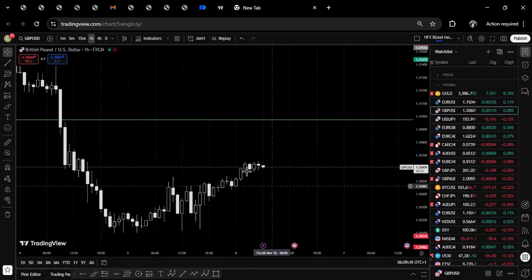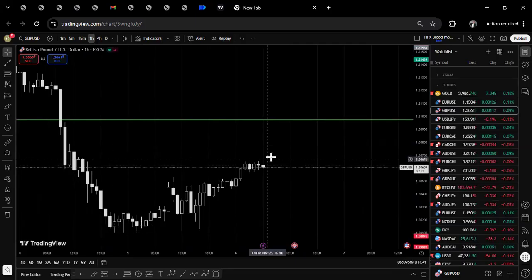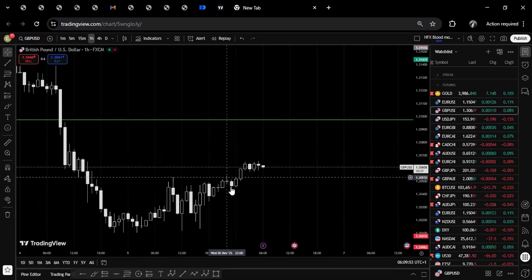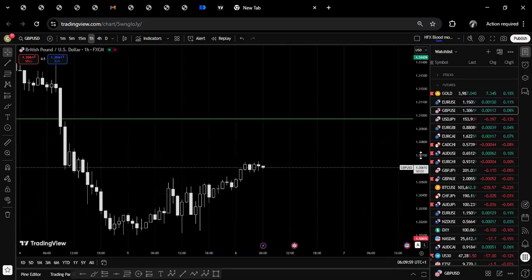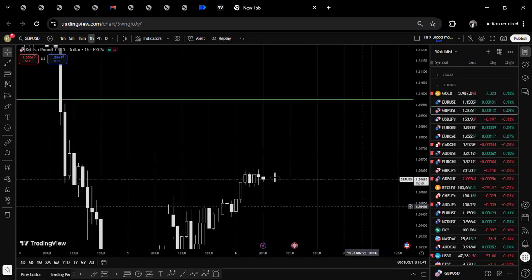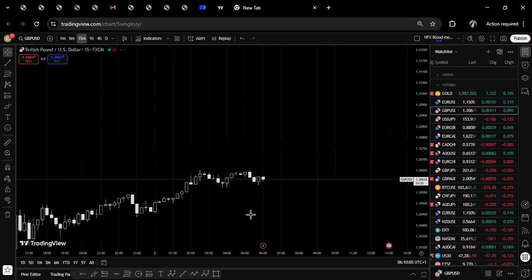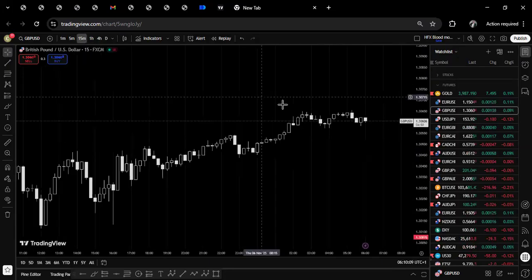The most important thing is that from this point here, this is the highest point we have, and this is perhaps the lowest point that gave rise to this high. So I'm looking for the best entry. I'll go down to the 15 minutes time frame perhaps to see if I can get a very good entry.